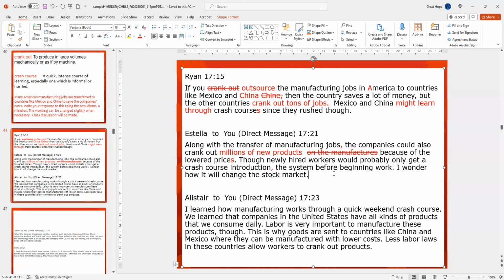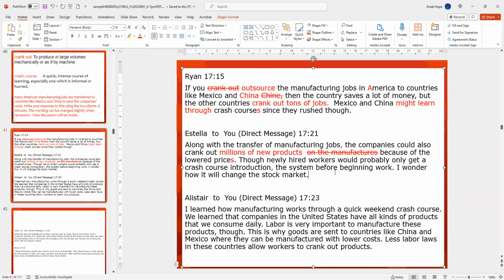It's not a full sentence. Let's take a look. The newly hired workers would probably only get a crash course introduction on the system before beginning.